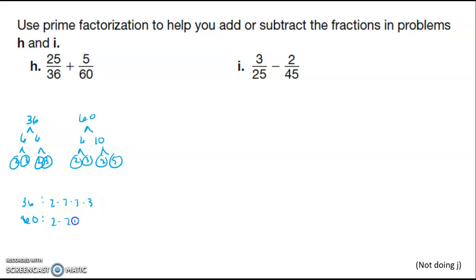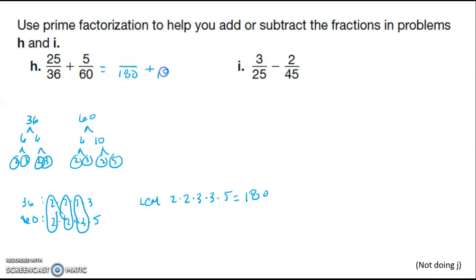And this is 2 times 2 times 3 times 5. So our lowest common multiple is going to be 2 times 2 times 3 times 3 times 5, which is, let's see, 4, 12, 36 times 5, 180. So that's what we're going to use.